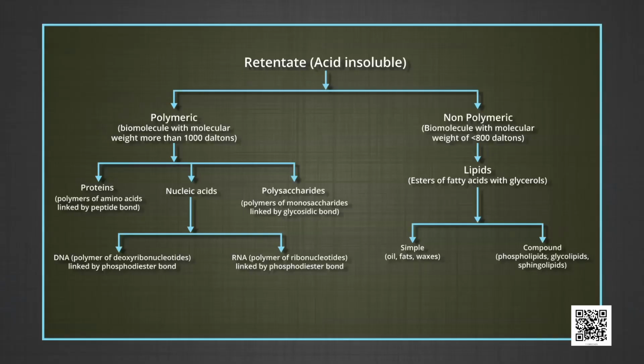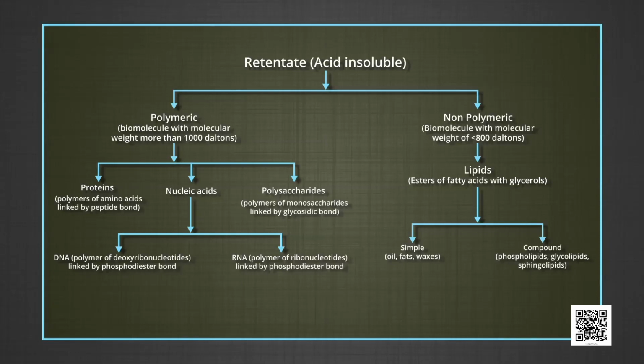The acid insoluble fraction, or retentate, is again divided into two categories: polymeric and non-polymeric biomolecules. The polymeric biomolecules have weight more than 1000 daltons and the non-polymeric have molecular weight less than 800 daltons. The polymeric retentate or acid insoluble pool includes proteins, nucleic acids and polysaccharides.